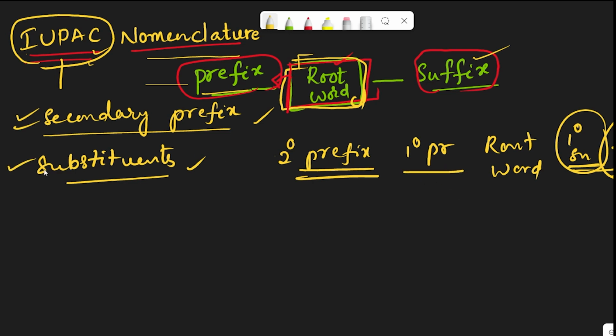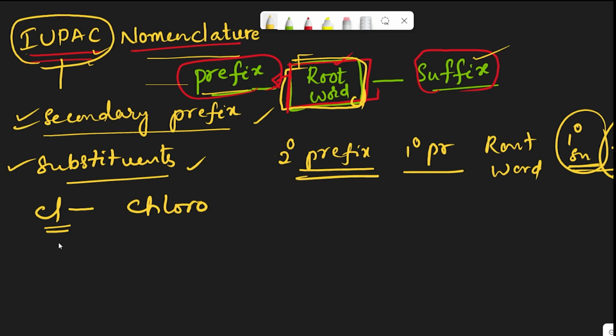And now, what are the substituents? See, halo compounds may be given as substituents. If chlorine is given as a substituent, then you have to write it as chloro.